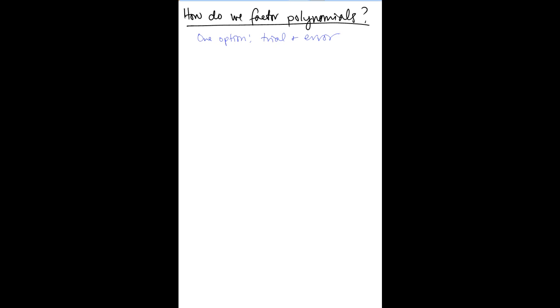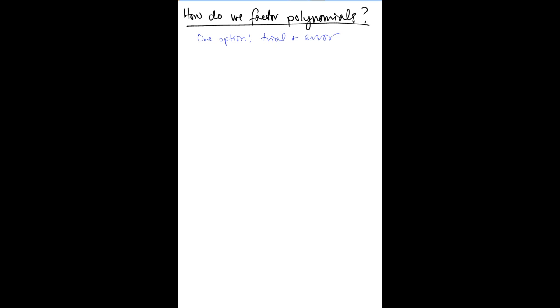If we have a polynomial, we could guess. We could think, okay, maybe we could break it up into this factor and that factor, and we could just try it out and see how close we get. And if that doesn't work, we could try modifying it a little bit and try again. That's actually one thing you can definitely do when you try to factor things. You can always try trial and error. But that may be sort of time consuming, it may be sort of difficult.